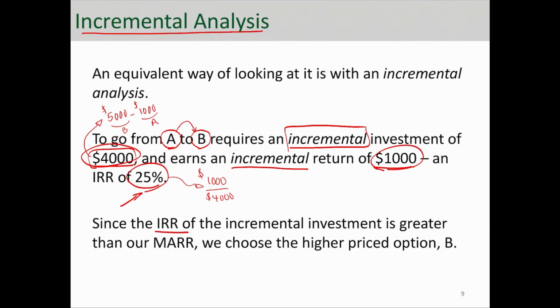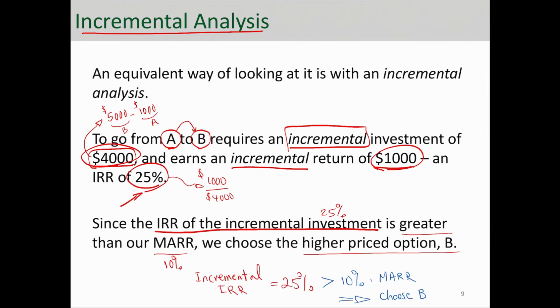And now, since the IRR of the incremental investment, which is 25%, is greater than our MARR, which is 10%, we choose the higher priced option, B. So this is the way that we're going to do incremental analysis in IRR. And it's the correct way of comparing multiple alternatives using IRR. You've got to look at the incremental investment when you're going from the cheaper investment to the more expensive investment.